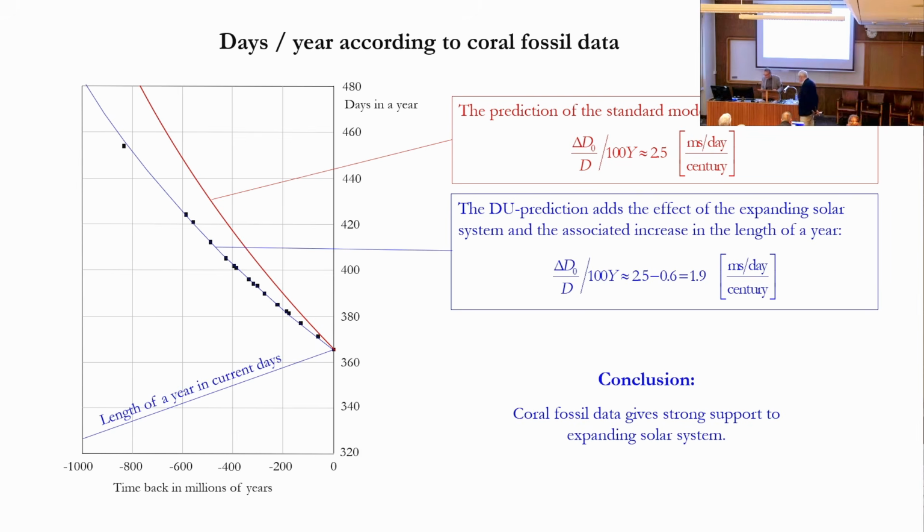We assume that the solar system expands in direct proportion to the expansion of space, and from that we get the curve. The calculation is not shown here. That's the result, but you can find it in my book if you'd like. Okay, well, that's all.